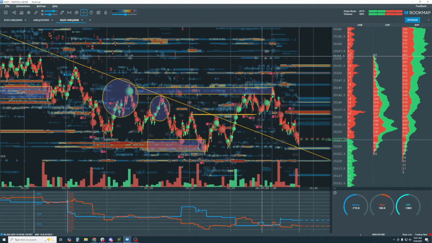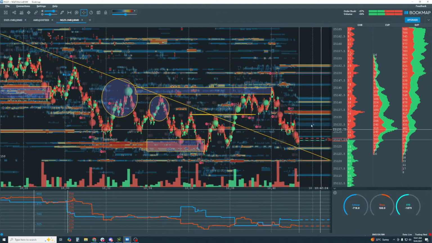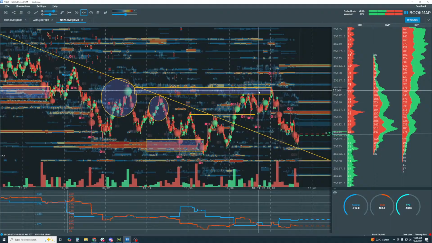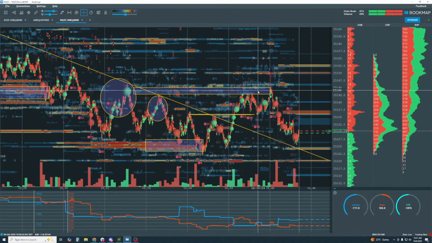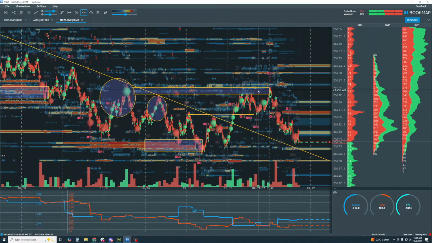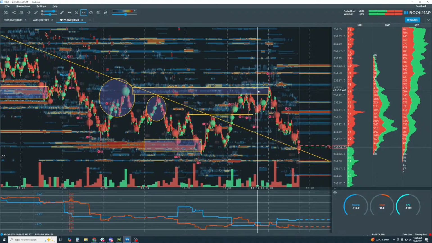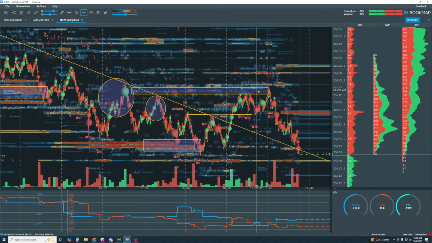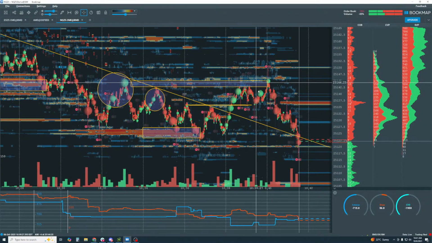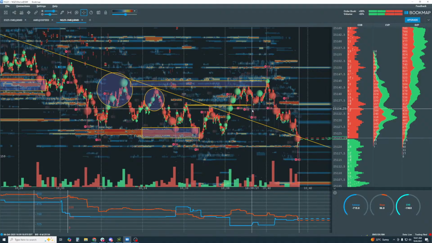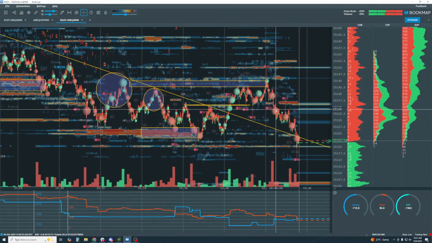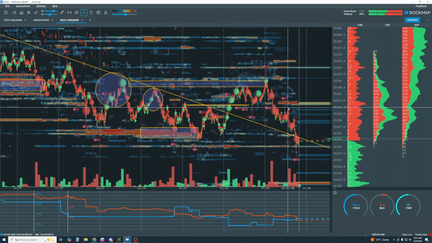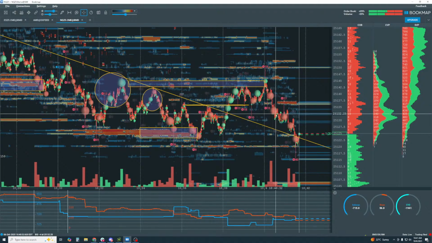Anyway, guys, we're out of that, right? No matter how you managed it in here, you either made a little bit of money on it, maybe you hit a single and made good money, and that's that. Or maybe you got stopped out at break even on this pullback, or this move back down.